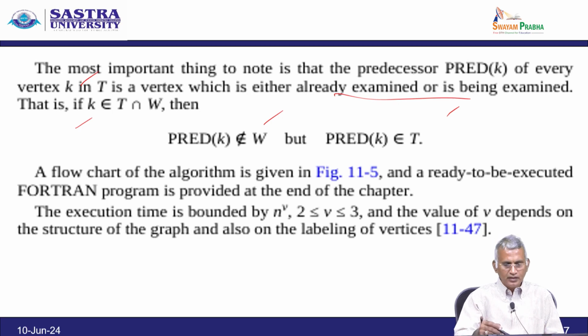The execution time is bounded by n to the power nu, where nu lies between 2 and 3. The value of nu depends on the structure of the graph and also the labeling of the vertices.